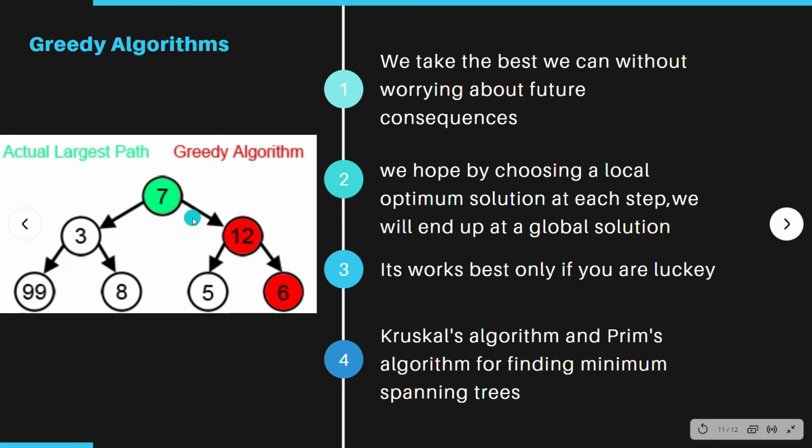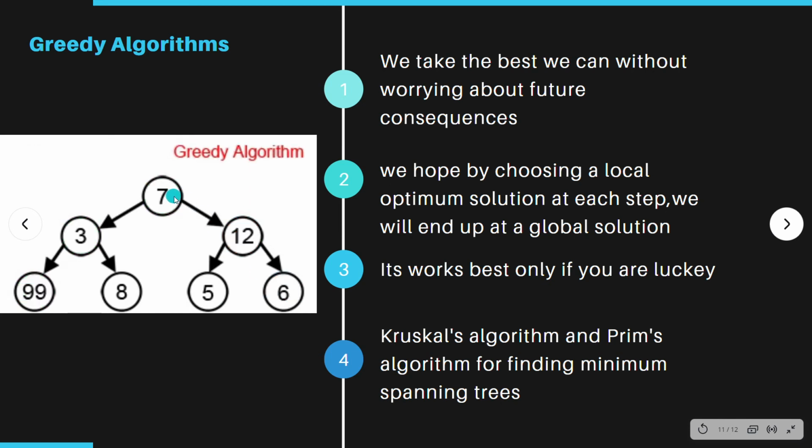Oh no, we select the greater one. We are finding the actual largest path, so we are taking 12 here, not the smaller one. If we were considering the actual shortest path, then we would consider 3, but here we will consider 12. When comparing 5 and 6, we will take 6.